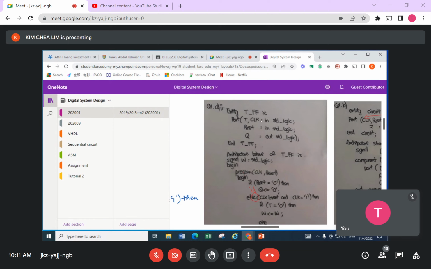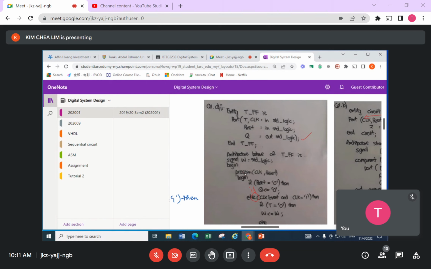Put it over here, any order is okay. So we have architecture behavior of T flip-flop; make sure the names are the same. Names here are the same. Signal, whatever name you want.